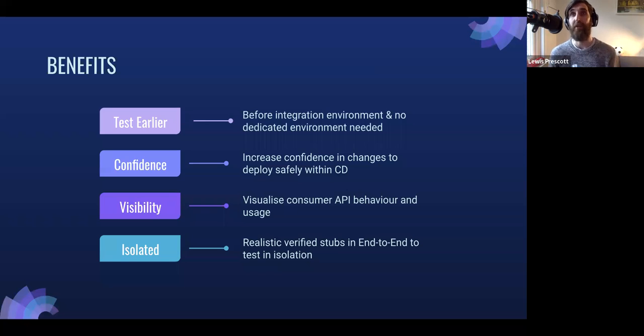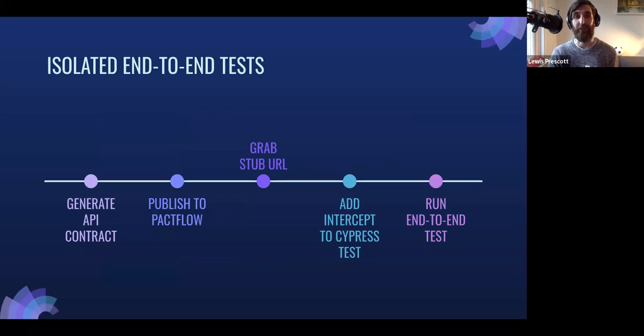They might not even be using all the fields that you've put into this API. And it's isolated. So you can test those individual microservices in isolation and the front-end application in isolation. Add into that, you can now use the stub that you have generated as part of your contract to add to your end-to-end tests. So now your end-to-end tests are even isolated. And that's what I'm going to describe.